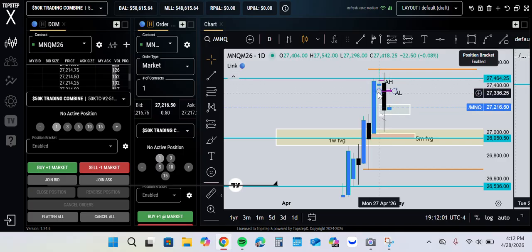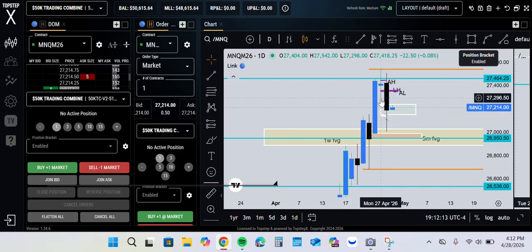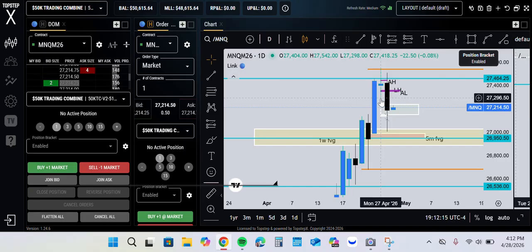But this was the candle on the 27th. This is the high, and the low was actually within the range of the 1 week high and low, so I didn't mark it out. You could if you wanted to, but like I said, less is more, especially when trading. So I marked out the high and took note of where the low was.